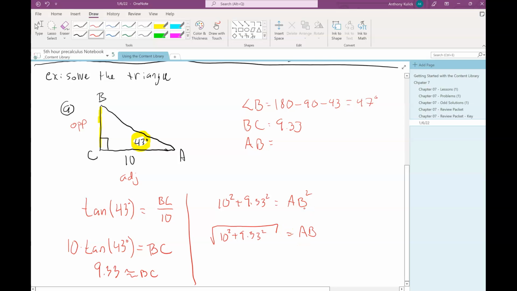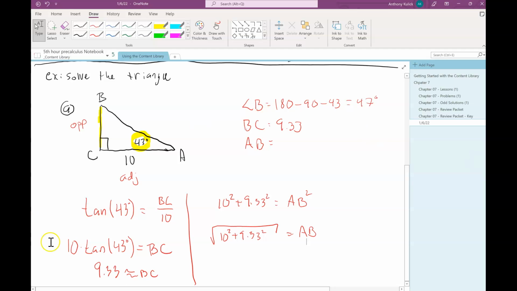Now, a couple of things to keep in mind. 10 squared plus 9.33 squared is not 19.33 squared. You're violating the order of operations. You can't add before you do the squaring. The second thing is the square root of 10 squared plus 9.33 squared is not just 10 plus 9.33. Square roots do not distribute.